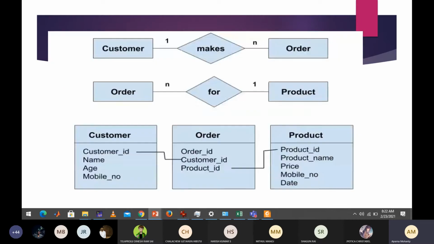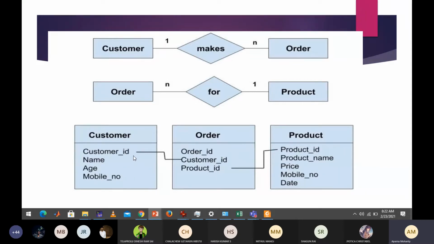Let me give you an example. Suppose a customer makes n orders, and n orders are made for a single product. Suppose the entities are customer, order and product. Customer ID, name, age, mobile number are the attributes of the customer. Similarly for the order, the attributes are order ID, customer ID, product ID. So how do you relate these?